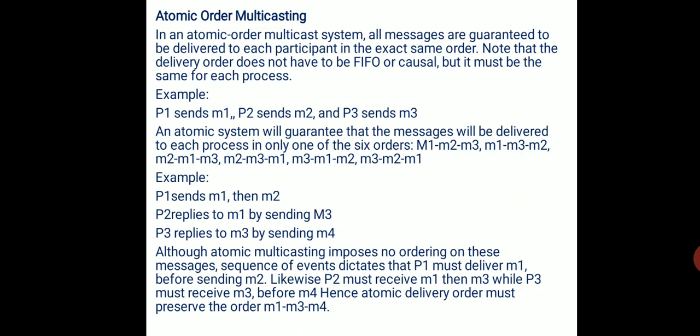For example, P1 sends M1, P2 sends M2, P3 sends M3. An atomic system will guarantee that the messages will be delivered to each process in only one of 6 orders. The 6 orders are M1, M2, M3; M1, M3, M2; M2, M1, M3; M2, M3, M1; M3, M1, M2; or M3, M2, M1.